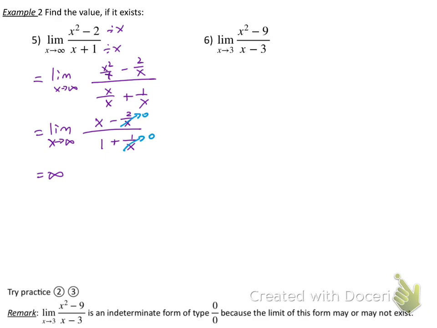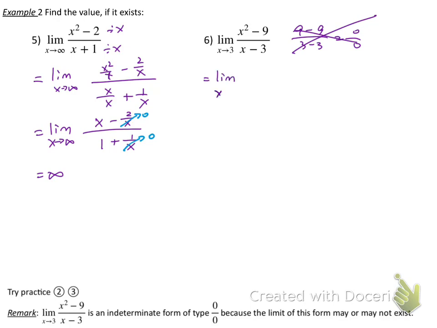Question 6. I have the limit of x squared minus 9 over x minus 3 as x approaches 3. First of all, I hope you notice it's not in the domain. And if you really plug in, you will have 9 minus 9 over 3 minus 3, so 0 over 0, which means it doesn't work.